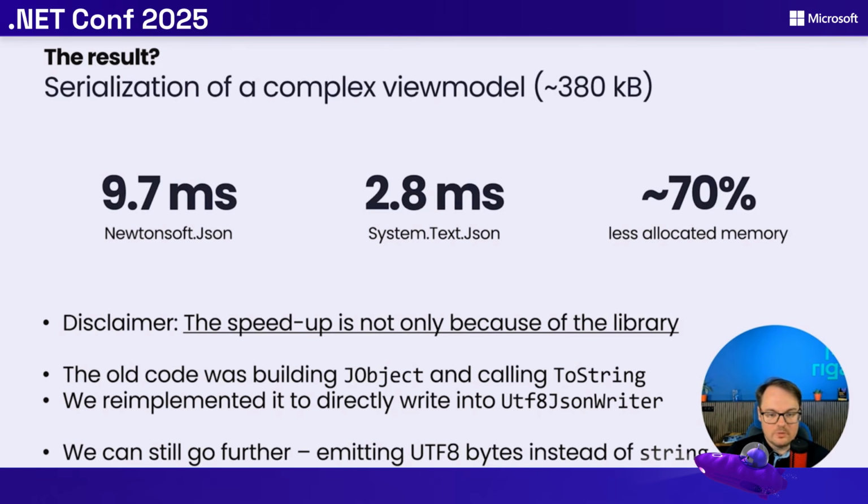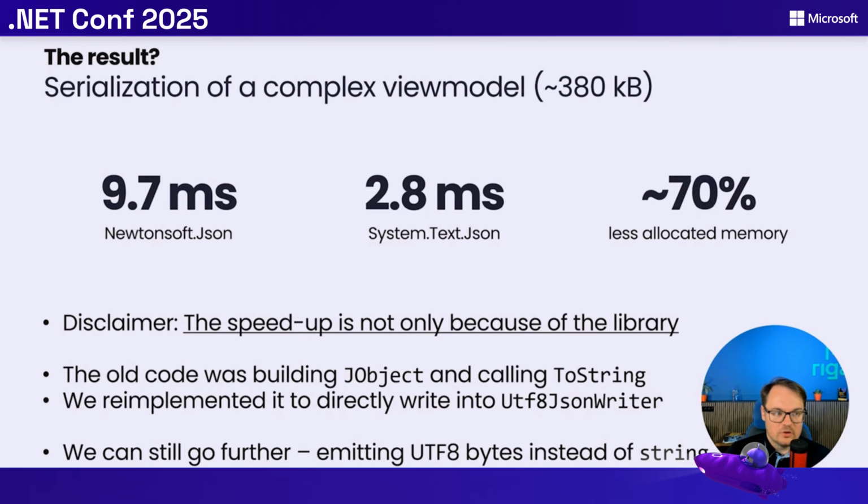In one place, we were building JObject, which is an object representation of the JSON tree, and then calling ToString on it. However, the new implementation writes everything directly to the UTF-8 JSON writer, which is, of course, a little bit faster.